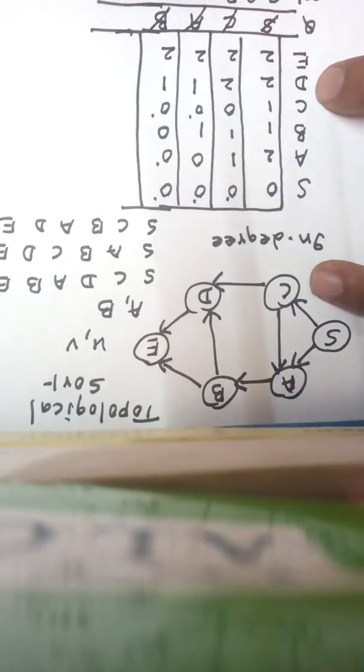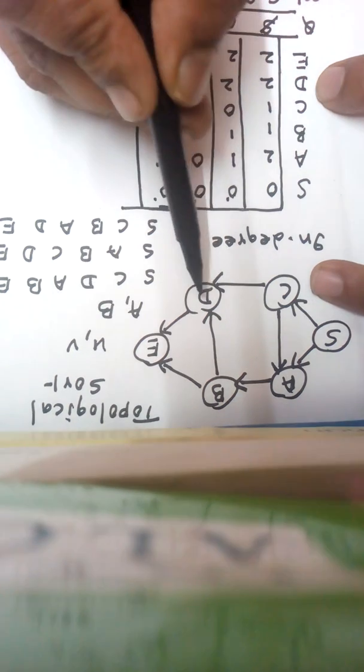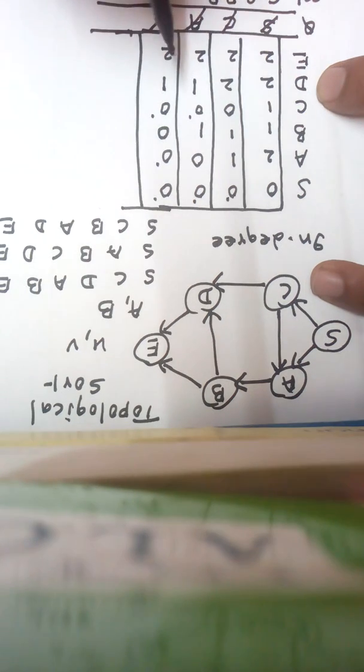So DQ B, B gets into my solution set. On taking B, what happens? In degree of D and E should get reduced by 1. So on reducing in degree of D, it goes to 0. On reducing in degree of E, it becomes 1.